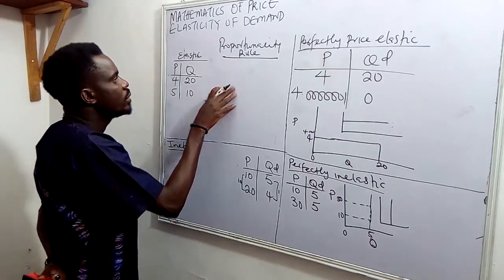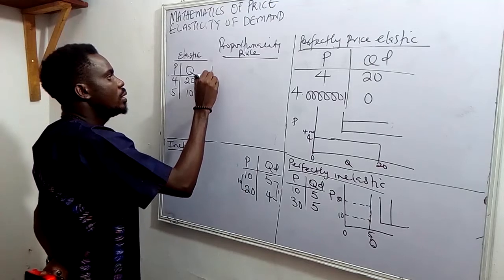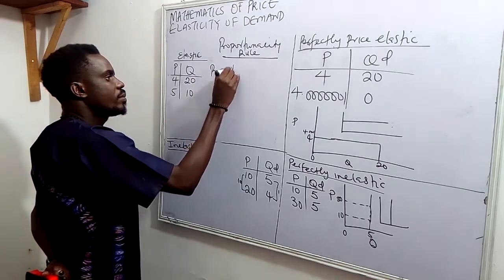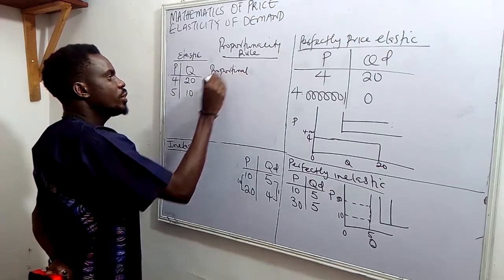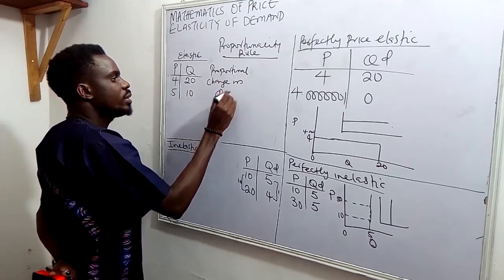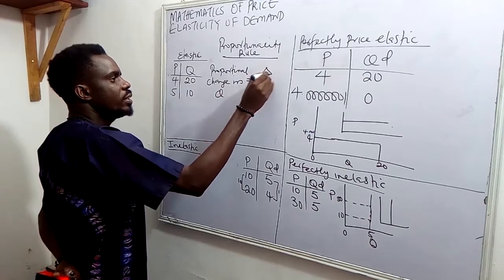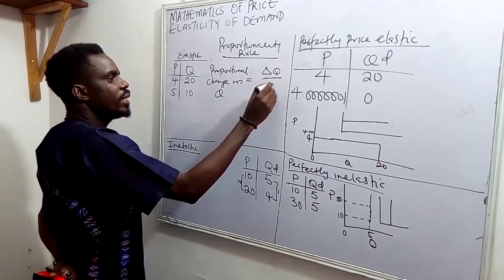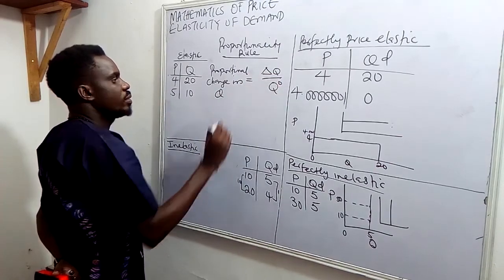The proportionality rule requires that the proportional change in quantity is change in quantity divide original quantity.